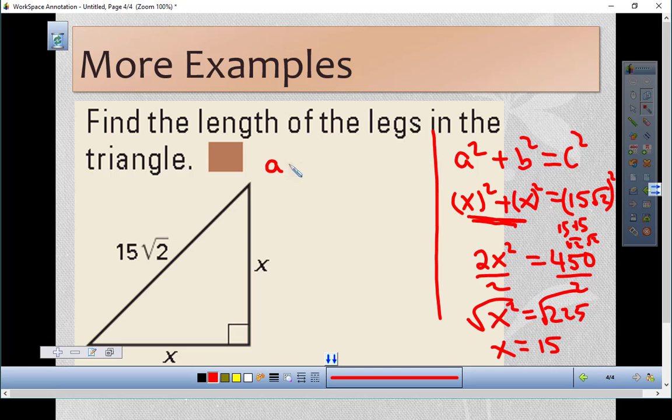According to our ratios, we should have a, a, square root 2. Now notice that when we go this direction, we multiply.